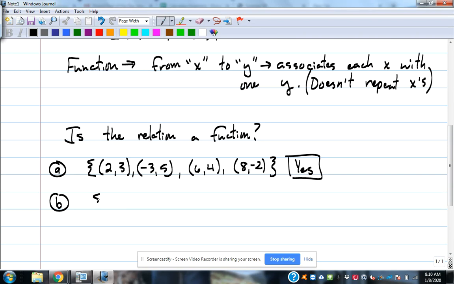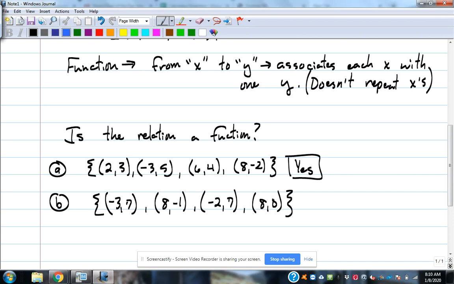Let's look at another set of ordered pairs: (-3, 7), (8, -1), (-2, 7), (8, 0). Is that relation a function? No. Why not? It's the 8.